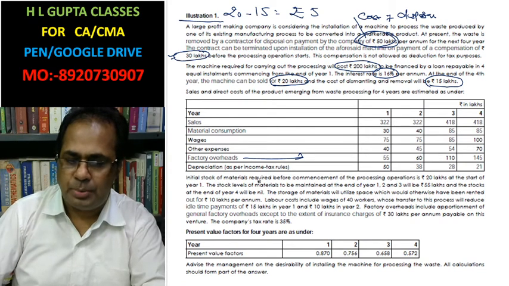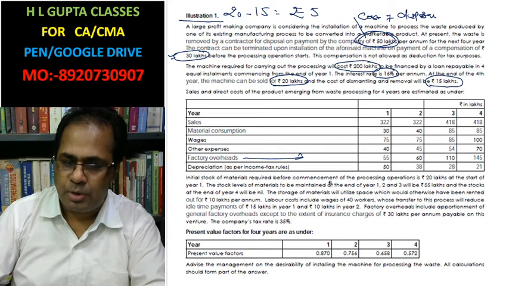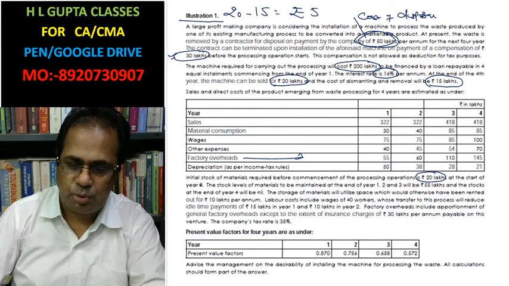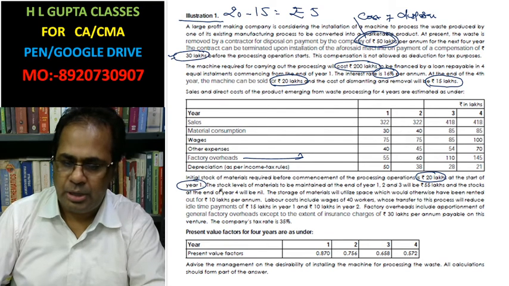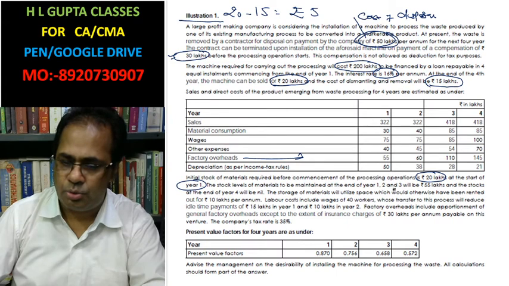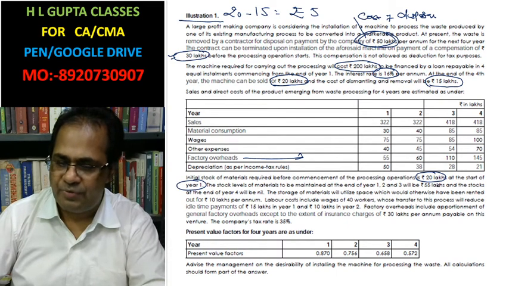Initial stock of material is required on commencing the processing. You require 20 lakh of material stock at the start, in year 0, and the stock level maintained at the end of years 1, 2, and 3 will be 55 lakh.